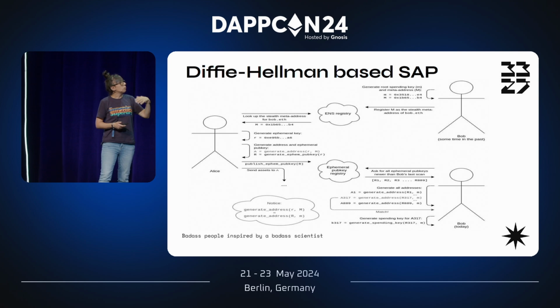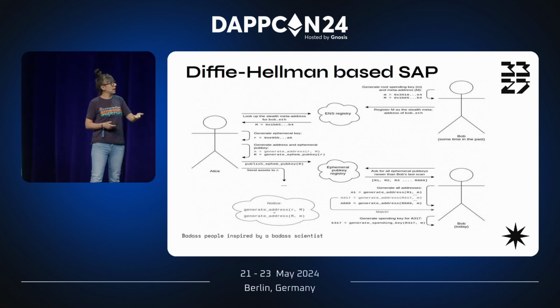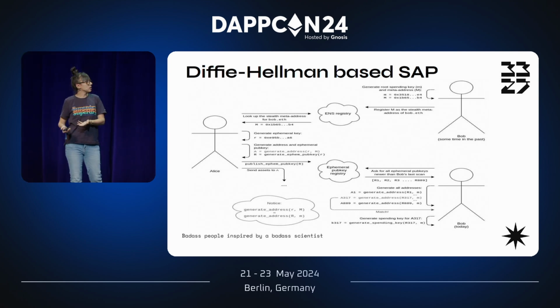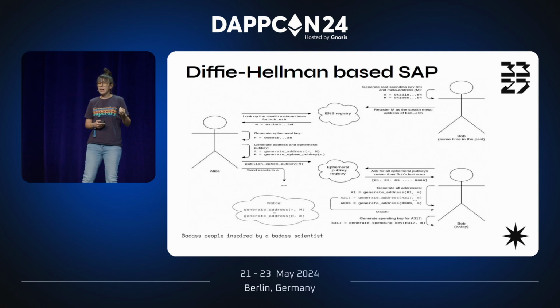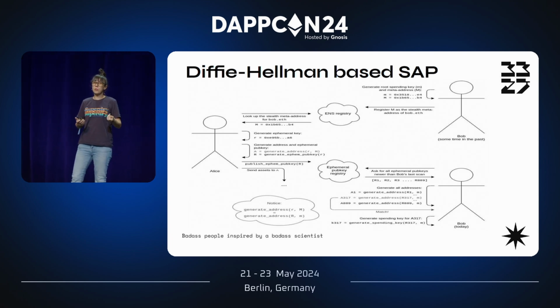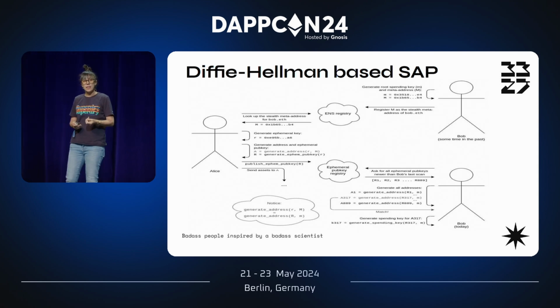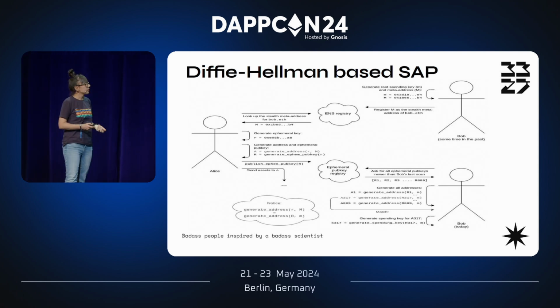After that, Bob will calculate his address, and he can use this address and spend the money from this address. But we did not talk about how both of them can calculate this address, because both of them will calculate this address in a different way.